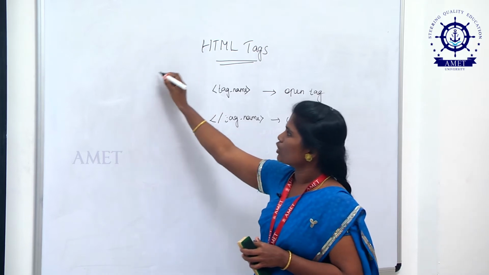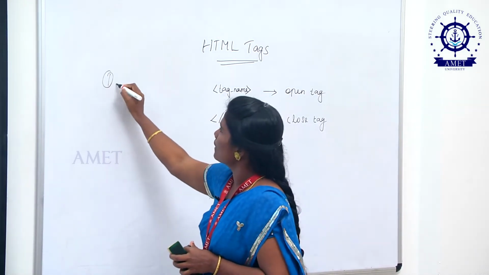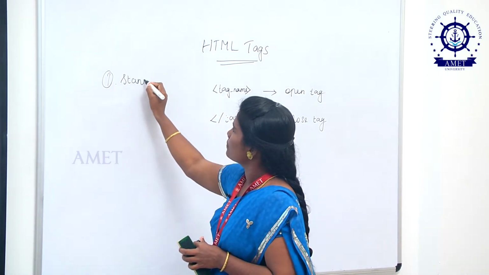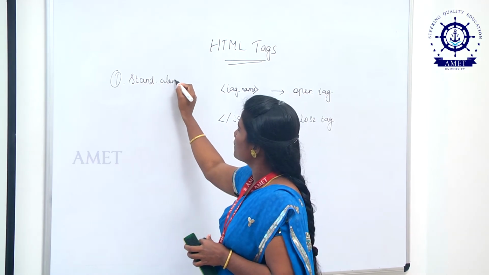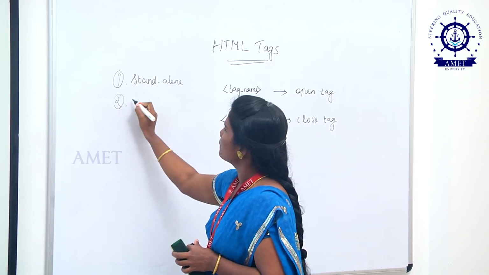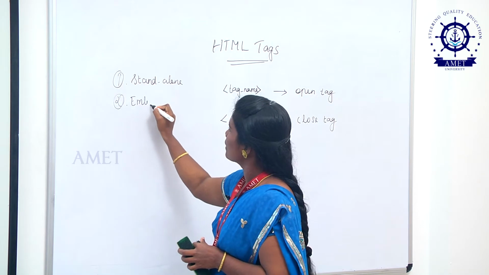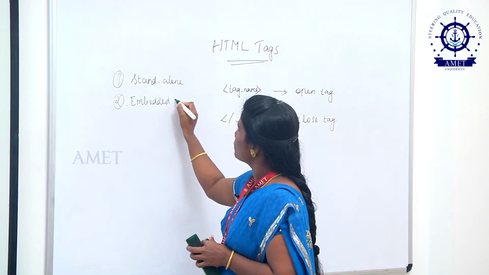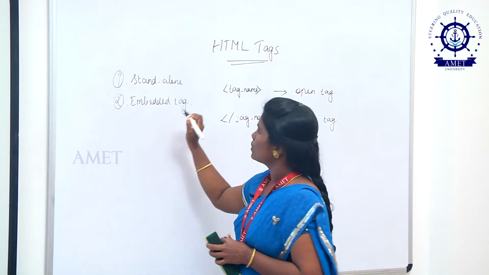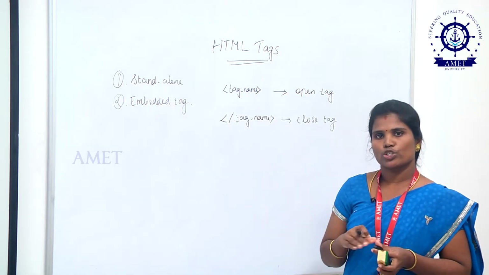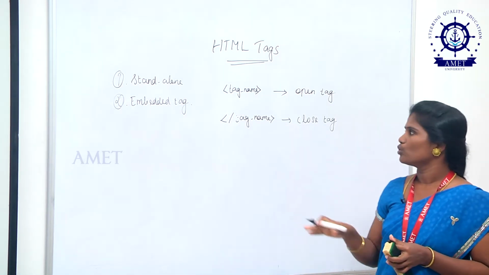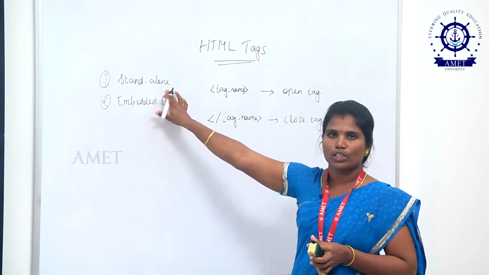In general, there are two types of HTML tag: standalone tag and embedded tag. There are some tags which do not have a close tag. Those tags are called standalone tags.